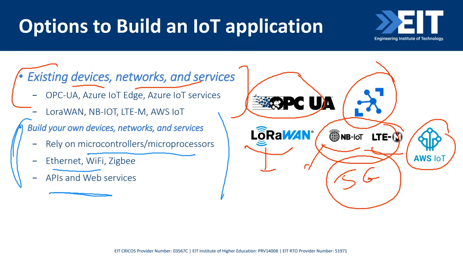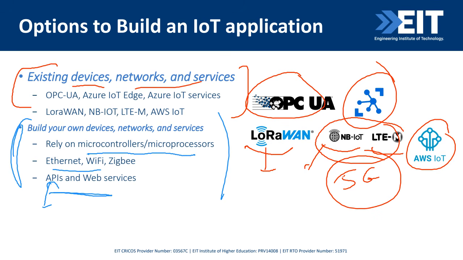And to build your services, you rely on the development of normal web services that a lot of people are familiar with, and what are called APIs, application programming interfaces, to allow a machine that connects to the internet to talk to a server that is available on the internet. So you can build your own system.